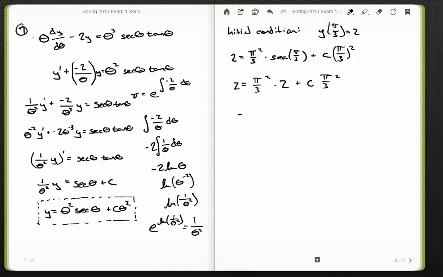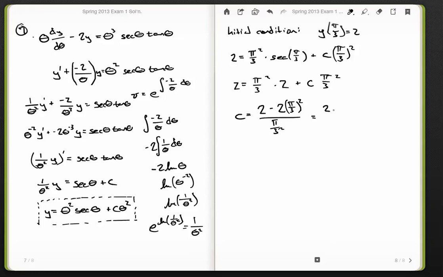So c equals 2 minus 2 times pi over 3 squared, all divided by pi over 3 squared. And I can clean that up a little bit and factor out the 2 here. Is that the right way to do it?